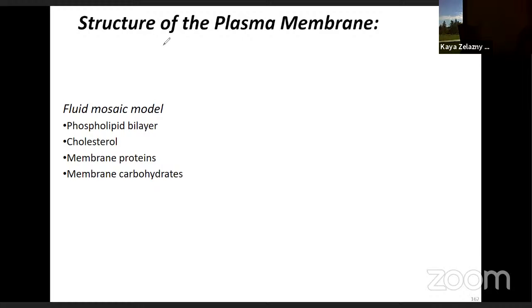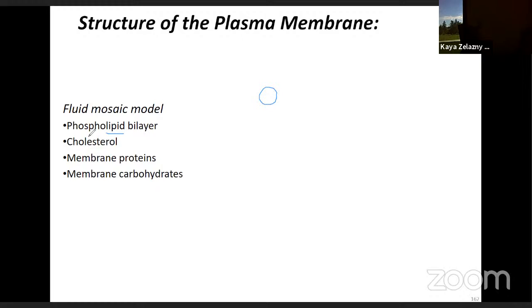So when we're talking, I suppose you guys can draw along with me, right? When we're talking about our plasma membrane, the basis is going to be our phospholipid bilayer. So phospholipids, you remember, are a type of lipid. Remember, they have a specific property.